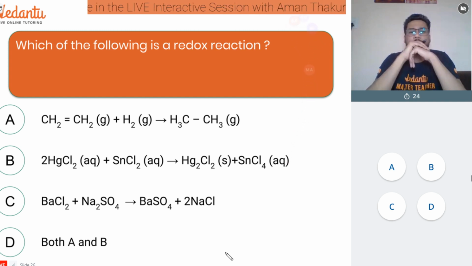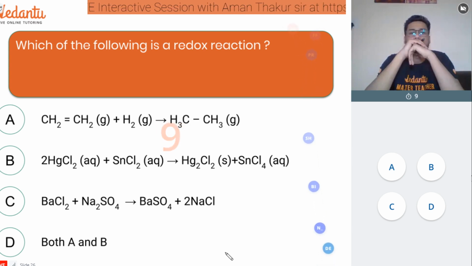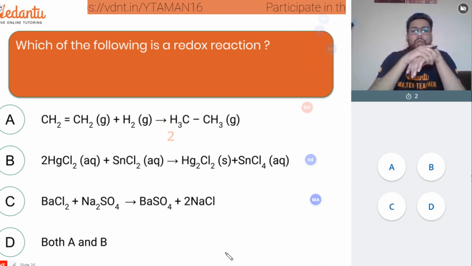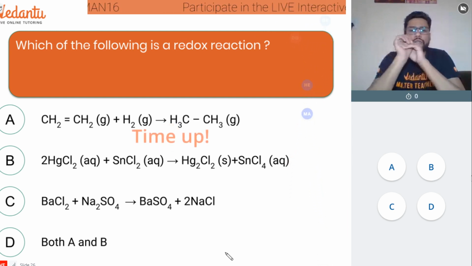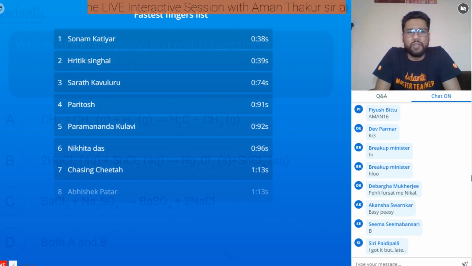In the first reaction, I don't think so. This is a lot complicated. If you see option C, it easily reveals the answer, guys.